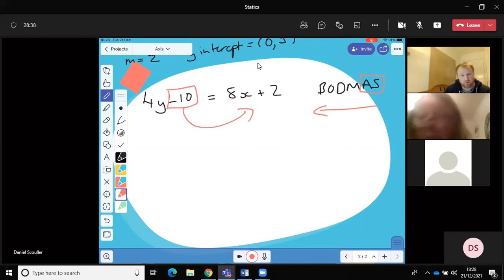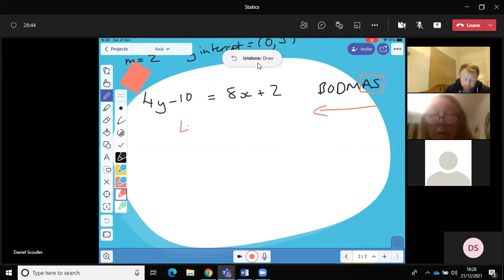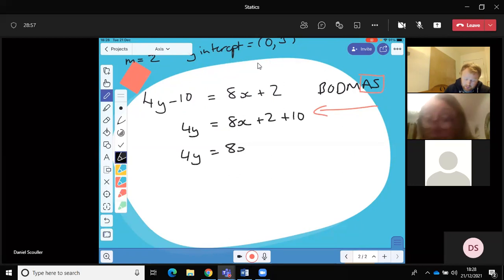On the left-hand side, when we're trying to leave the y on its own, the first thing to deal with is that negative 10. Change side, change sign, and we're left with that.